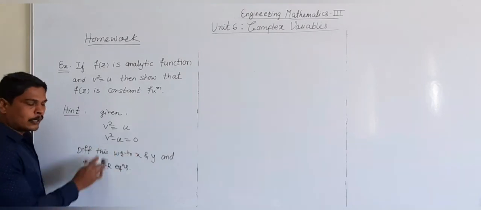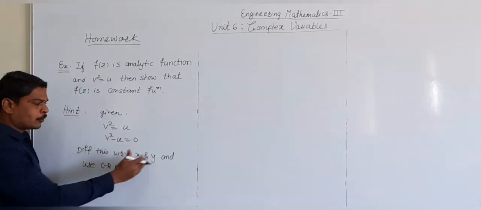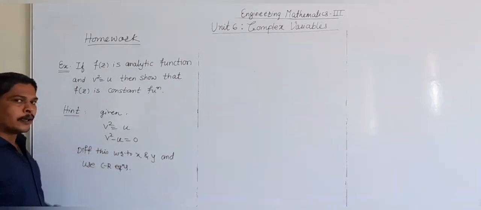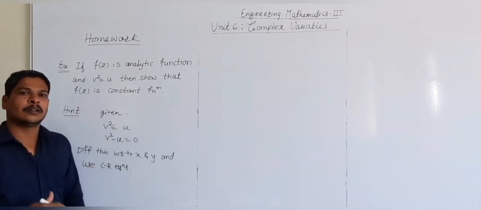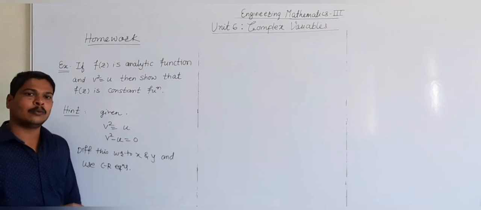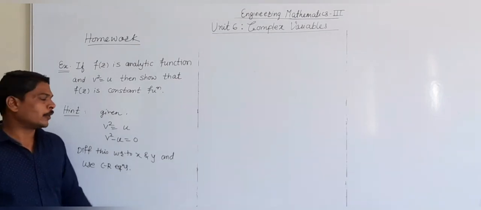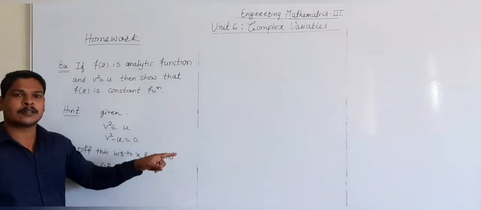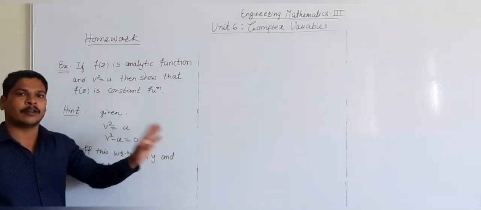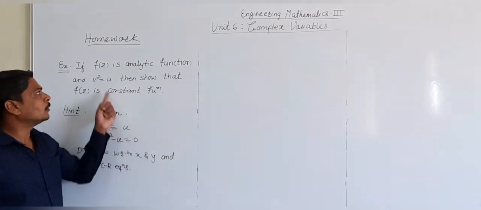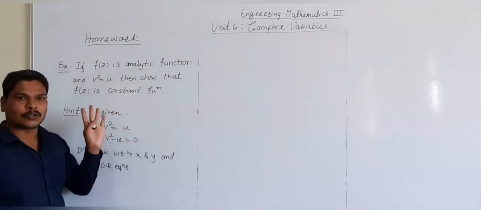So as usual, differentiate this equation with respect to x and y, and then use the CR conditions and convert this into a single variable, either u or phi. We get the derivative of u is a constant. Similarly, we get the derivative of phi is a constant. That means both u and v are constant, and therefore f of z is a constant function.